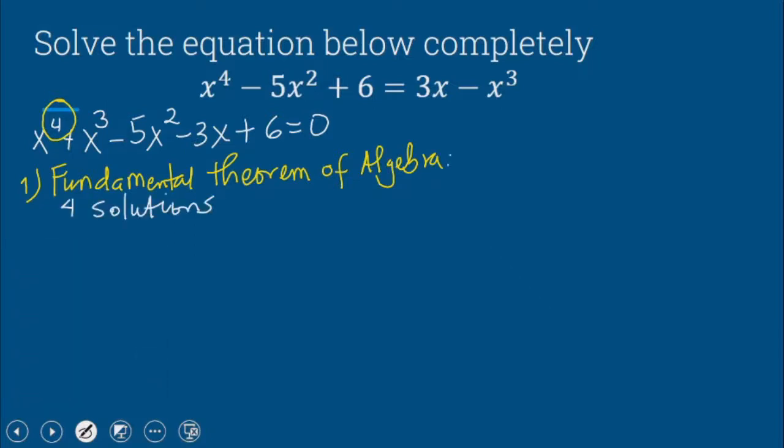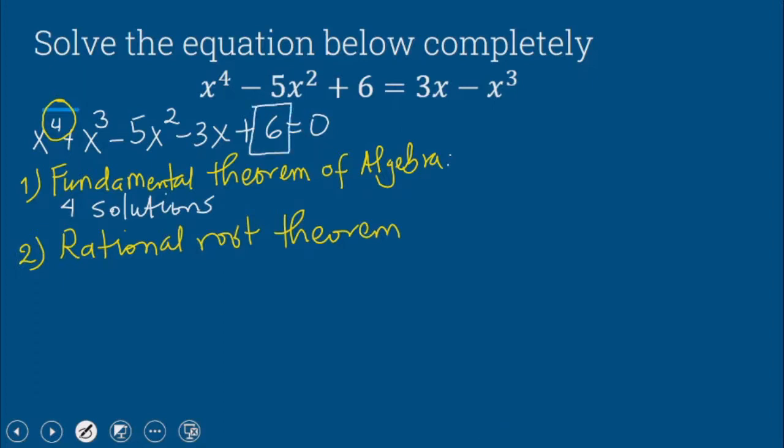So the second thing that we want to apply here will be the rational root theorem. The rational root theorem says that all the possible rational roots of a polynomial equation can be written as the factors of the constant term divided by the factors of the leading coefficient.